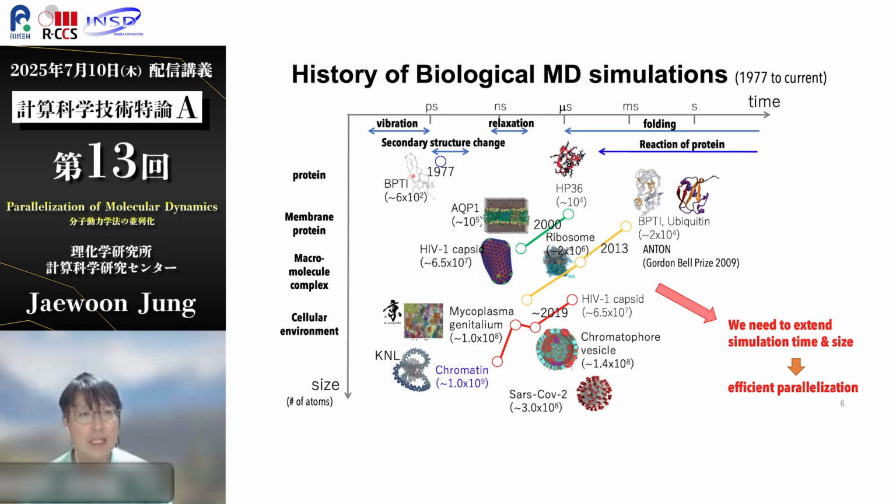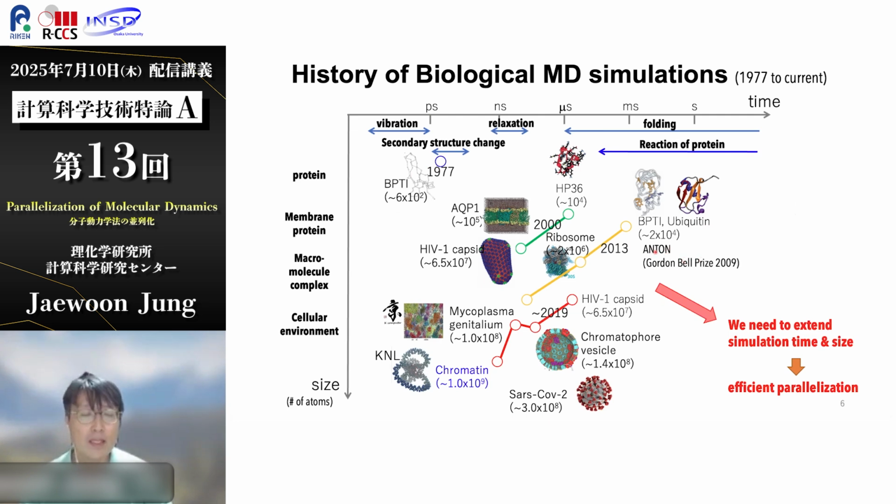Even the time scale was just the picosecond level. But after that, hardware and software were developed in many ways, and now we can simulate up to the millisecond level for protein using very special MD machines like Anton and the recent Anton 3.